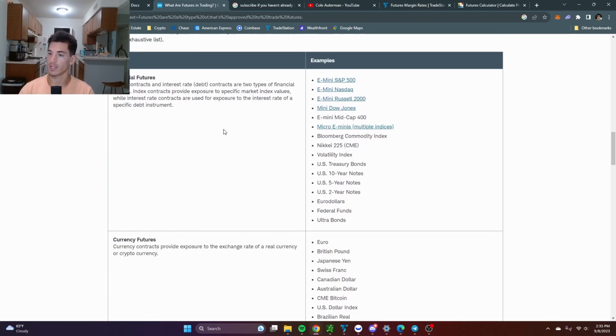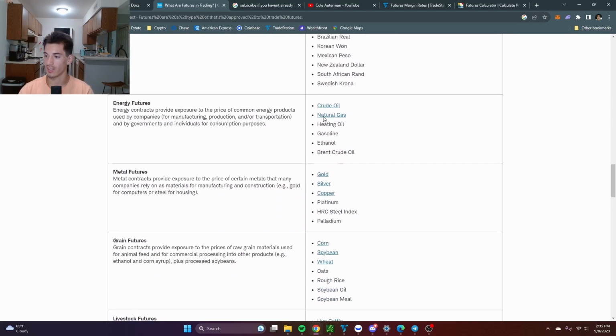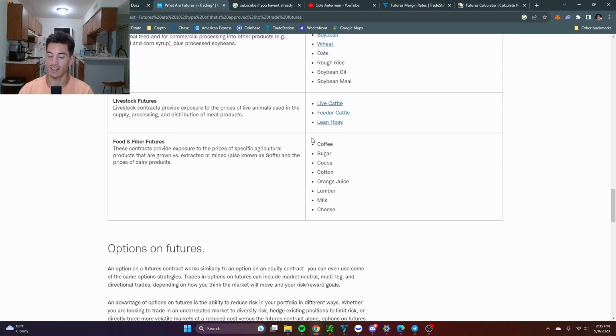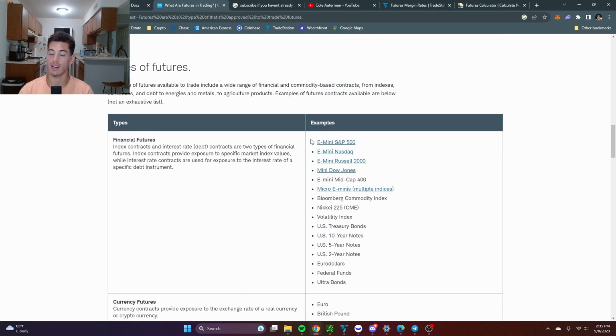So, yeah, we already kind of went over this, but just look at how many different futures there are. There's just an endless supply. It is crazy how many. Again, we're only focusing on the S&P, NASDAQ, crude oil, gold, and occasionally the Dow Jones, but I don't even really trade the Dow Jones ever, honestly.